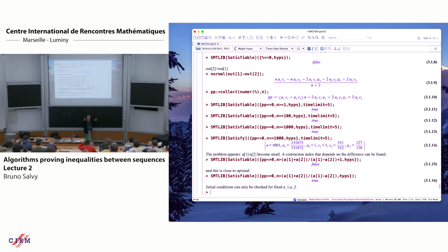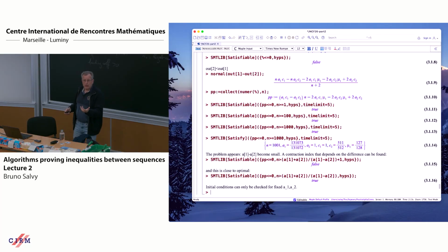So you have a family, a cone, but the contraction index, the time when it's contracted, gets larger and larger as A1 tends to A2. So you don't have a proof in that case. And also you need to check a number of initial conditions that depends on this difference, A1 minus A2.